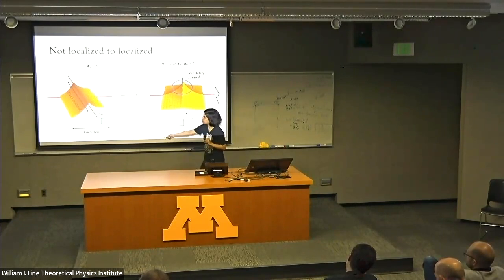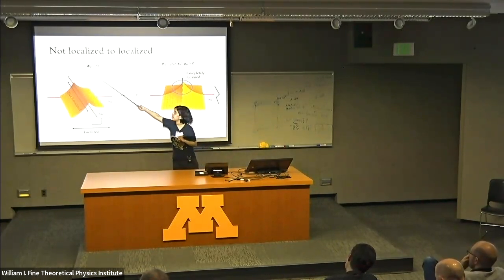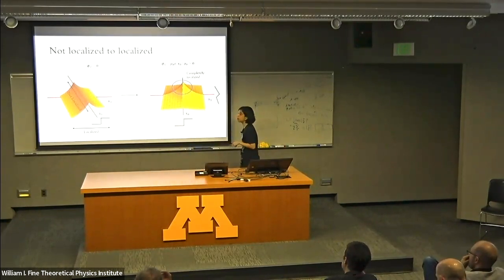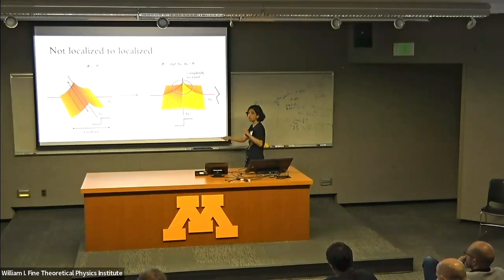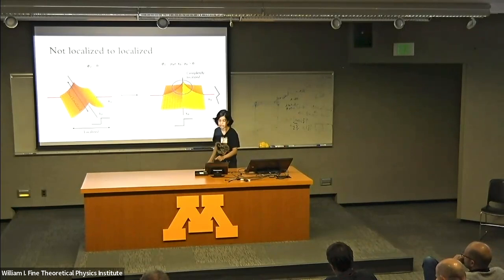When I had phi 2 equal to 0, I had this kind of a profile for my 0 eigenvalue states. Now I have one state that's completely localized, and so normalizable.